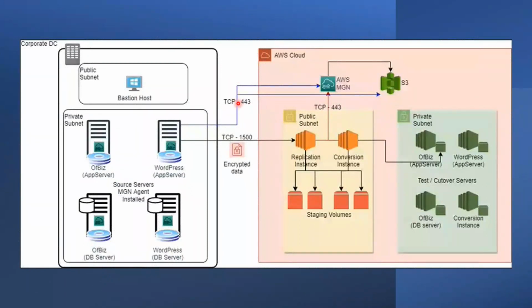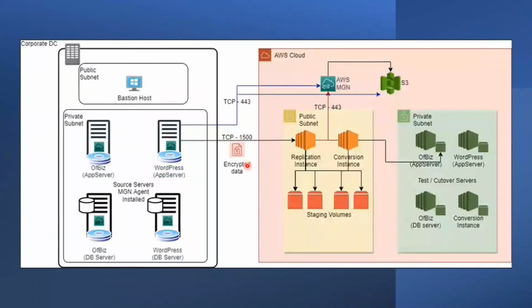One is for authentication and connecting the systems to the destination MGN platform using secure SSL port 443. And for the data replication, it uses TCP 1500. I'm not sure if these can be customized, but these are the standard ports used for connecting as well as for data replication.